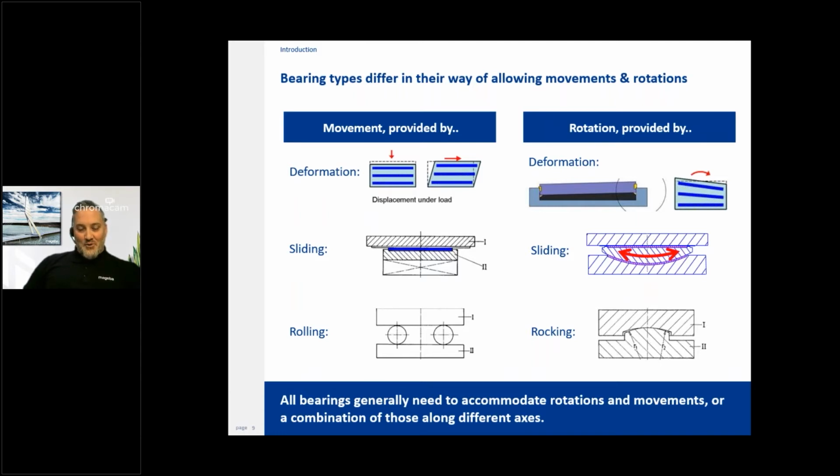And then the next type would be using a sliding surface, something like PTFE, sliding both for planar translation, but also rotation with a curved sliding surface. And then more of a direct or point contact concept at the bottom you can see for something that would roll or components that rock against one another. And we'll look at this in a little more detail coming up.